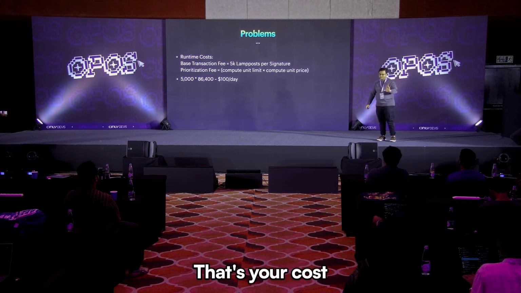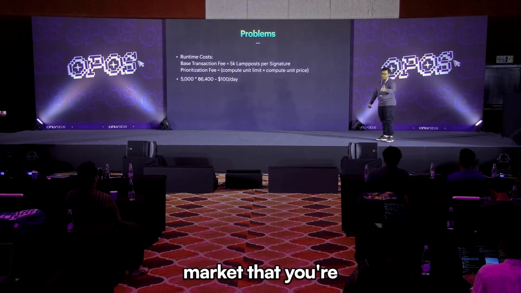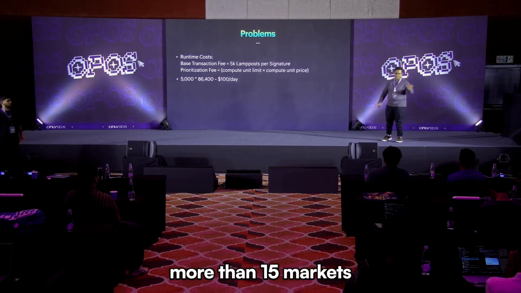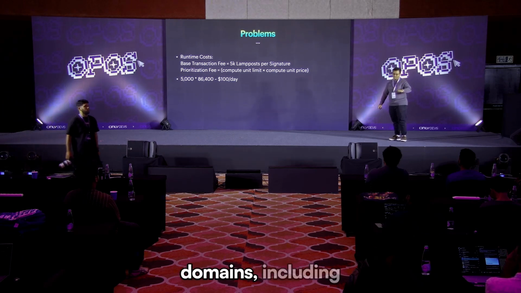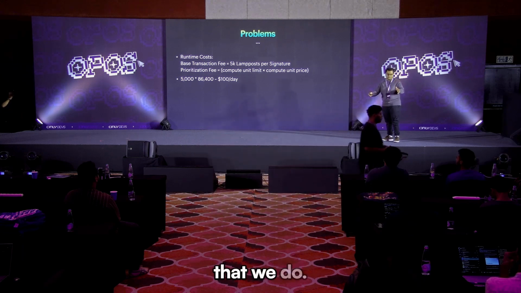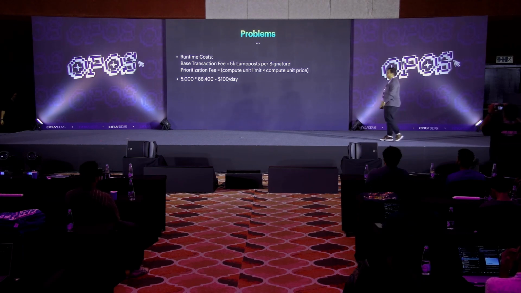That's your cost for updating one single oracle if you do it in the bad way, right? $100 a day for each market that you're going to support. FlashRate supports more than 15 markets across a lot of domains, including gold, silver, oil. So yeah, there's a lot of stuff that we do. So at this cost, it's going to be bad, right?